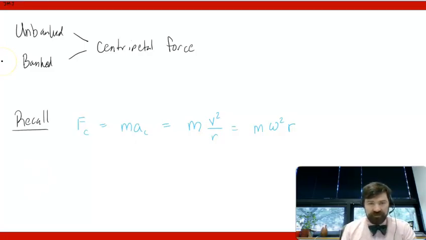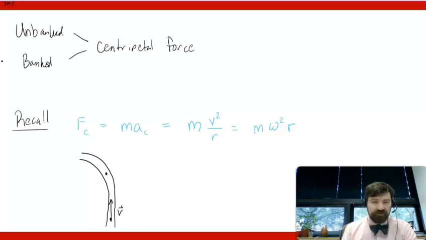Okay, it follows that if we were looking at the car moving around the road from above, a curve does something like this, let's say. And so for this part of the road, the car is just moving forward at some speed v.